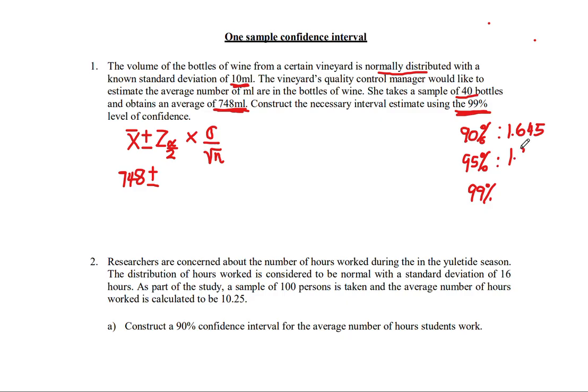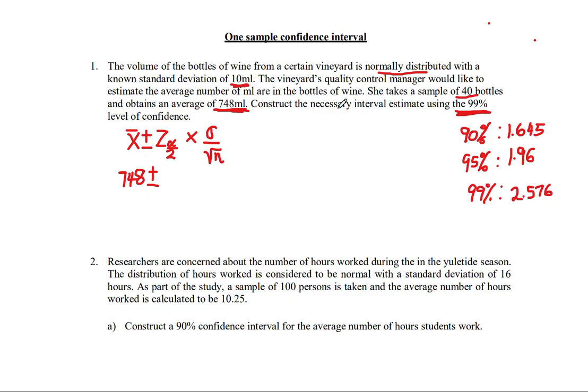For 95%, the Z table reading is 1.96, and for 99%, the Z table reading will be roughly 2.576. So these are very important standardizations that will be useful for you to remember so that you can flow seamlessly when you're faced with these questions.